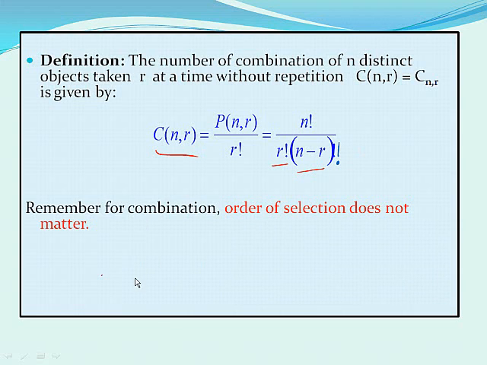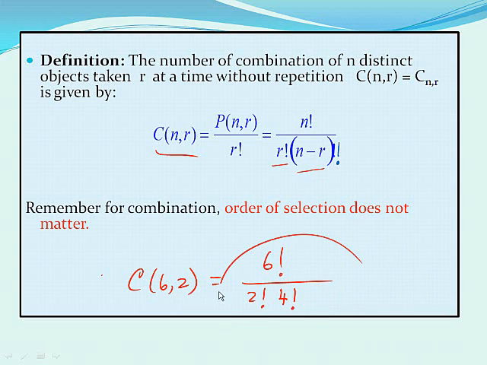Suppose you want to calculate C6, 2. So C6, 2 will have n value 6. So factorial 6 divided by, R value is 2, so factorial 2 multiplied by n minus R, which will be 6 minus 2. 6 minus 2 is 4. So the second factor will be factorial 4. 6 factorial divided by factorial 2 times factorial 4.